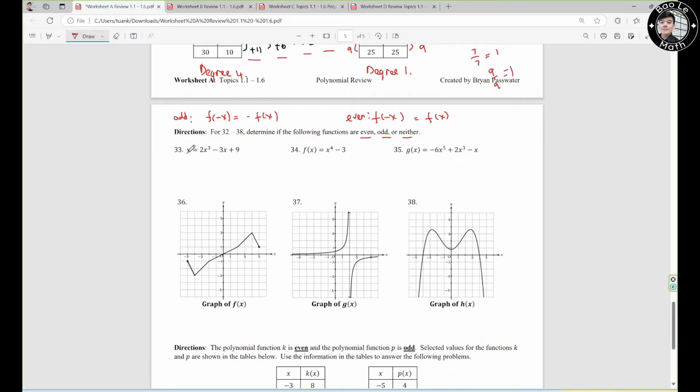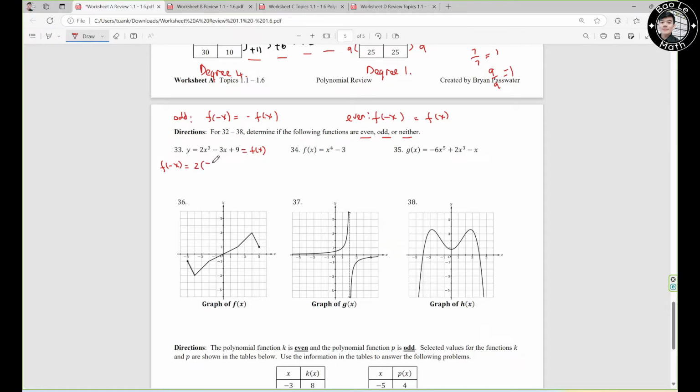So we have y equal this one, right? So I just name this function as f of s, right? So I'm going to check f of negative s. It's going to be 2 times, when we see s, I substitute negative s, right?